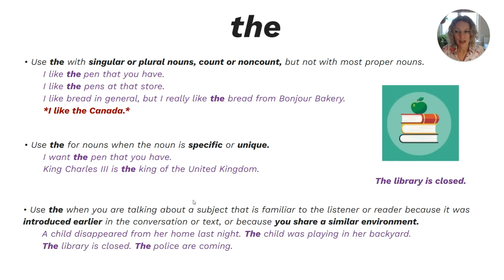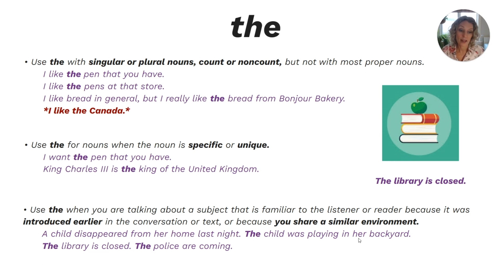And then we also use the when you're talking about a subject that is familiar to the listener or reader because it was introduced earlier in the conversation or text, or because you share a similar environment. So for example, I gave the example of the news story in the previous slide. A child disappeared from her home last night.